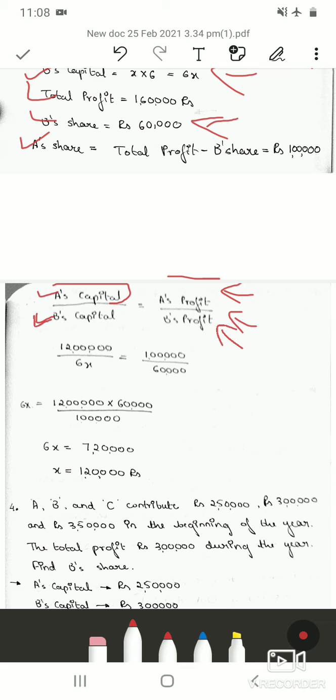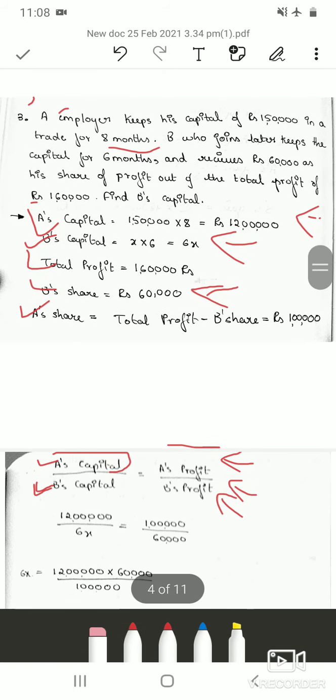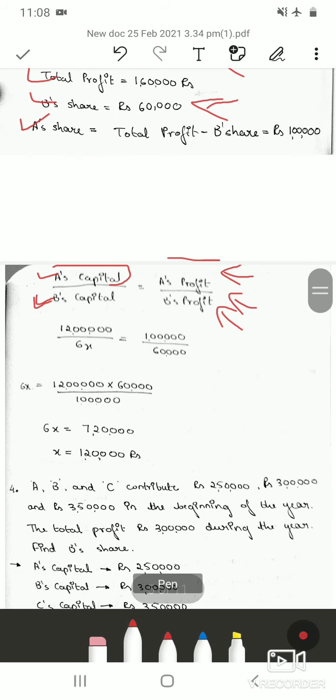So let us substitute the values. We know A's capital is 12 lakhs rupees and B's capital we have taken as 6x because he invests for 6 months. So 12 lakhs by 6x is equal to A's profit, 1 lakh rupees, by B's profit, 60,000 rupees.